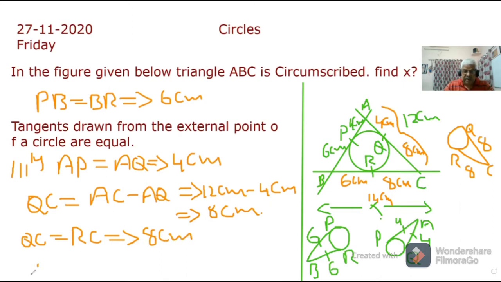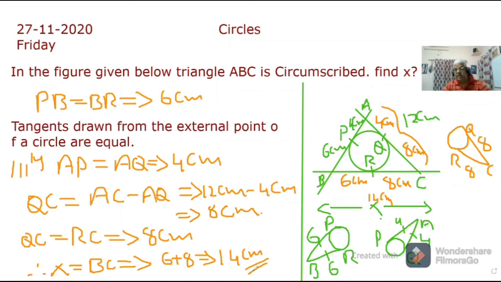Therefore, finally, X equals BC, which can be written as 6 plus 8, which gives the total measurement of 14 centimeters. So this is your final answer. The X value is equal to 14 centimeters.